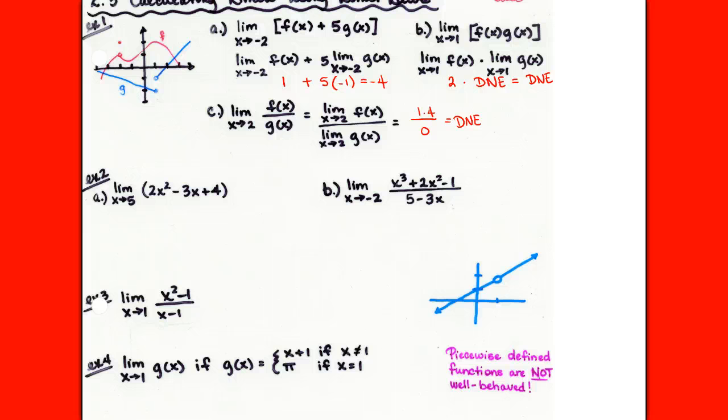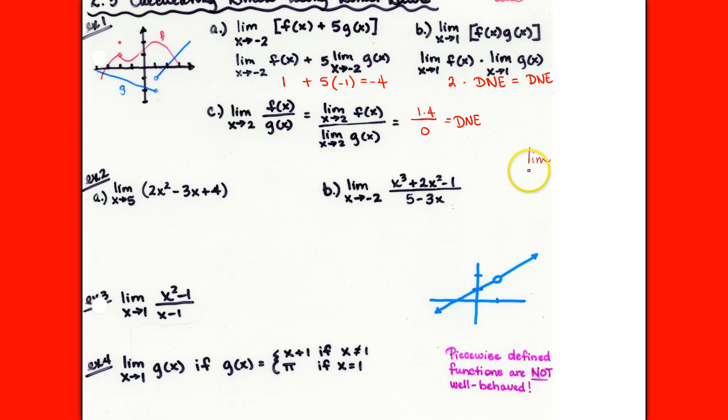It says if n is even and n is a positive integer, but if n is even, we have to assume that a is greater than 0. And the key here is that they said greater than 0. They didn't say equal to 0. So here's what they are saying.